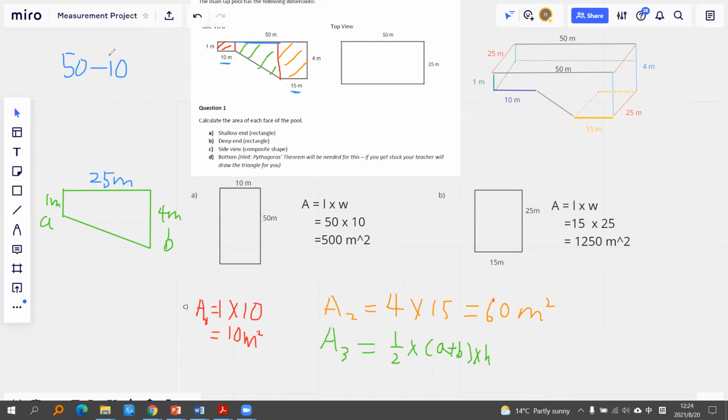So you get the thing in the middle. So you got 25 meters.